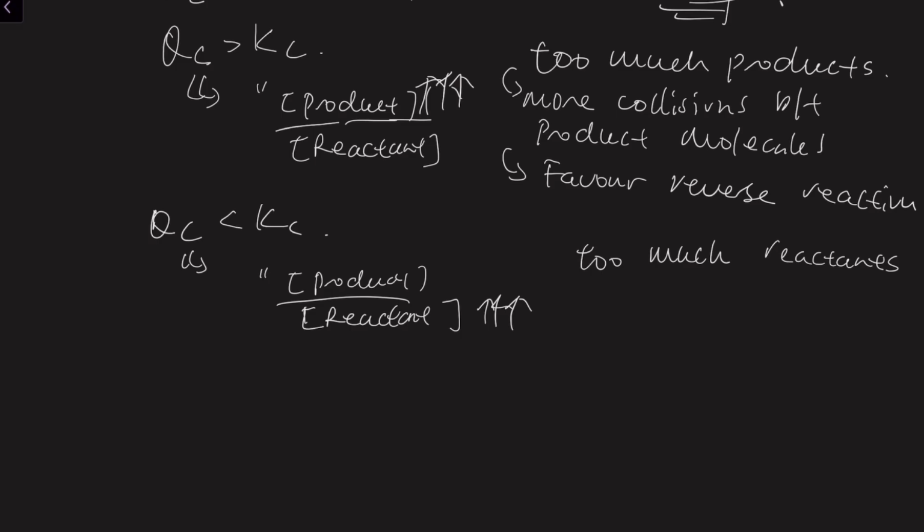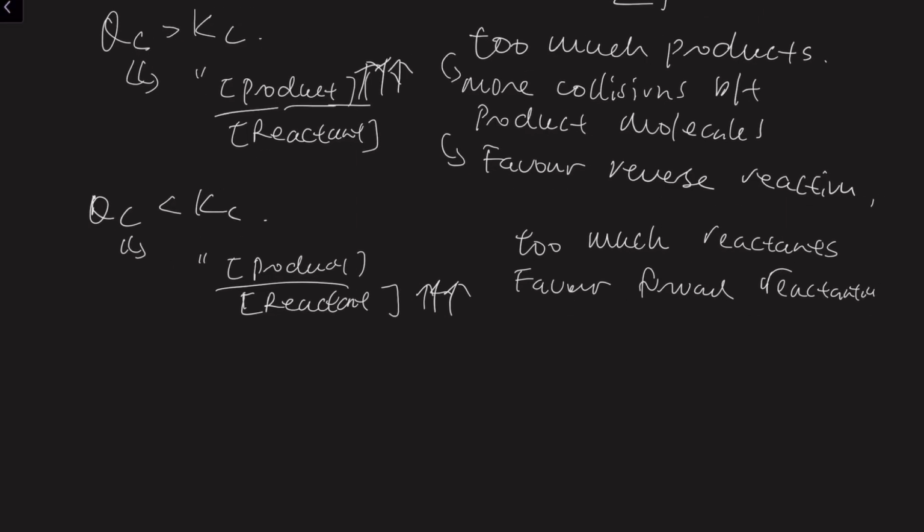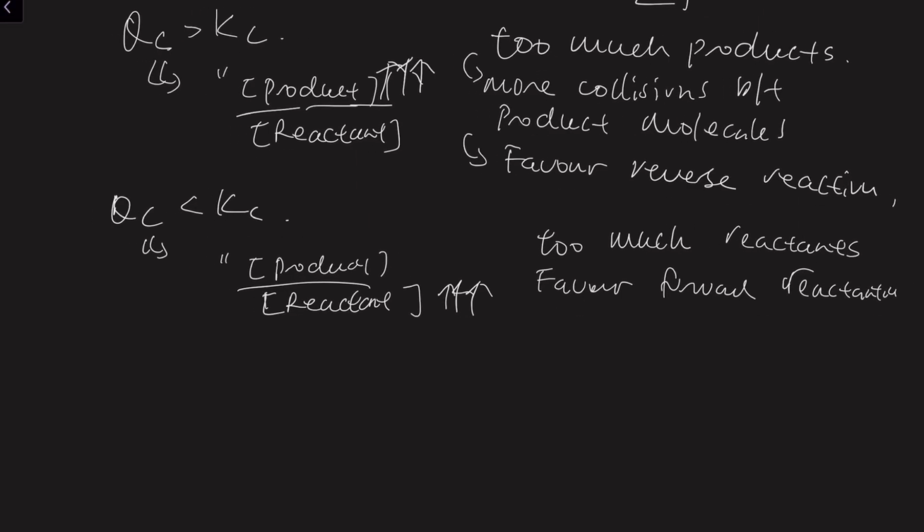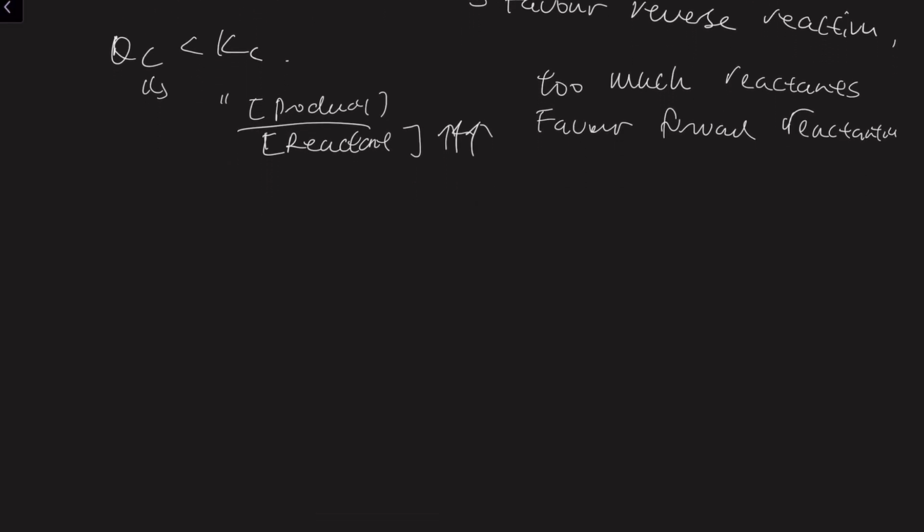So we favor the forward reaction. Another way to think about this problem is that you need to somehow increase the value of Qc in order to equal Kc. So the only way you can do this is to make product more and then make reactant less. So many ways you can think about this type of problem.